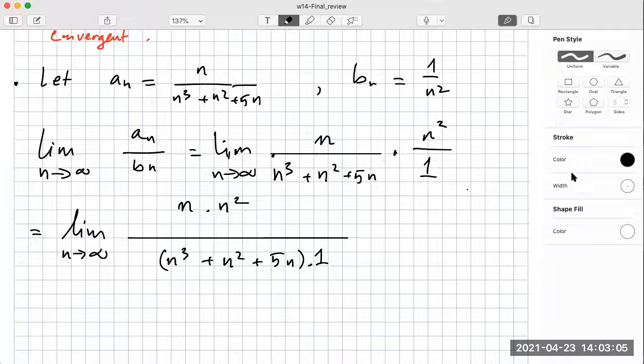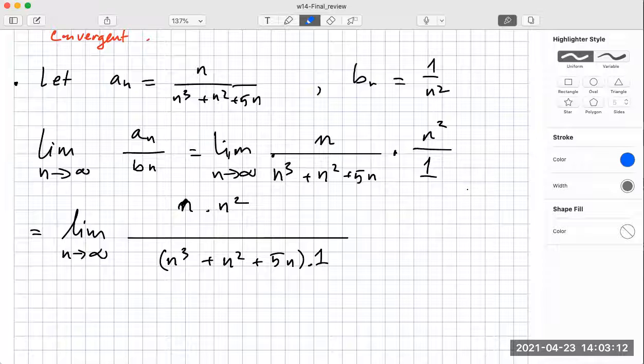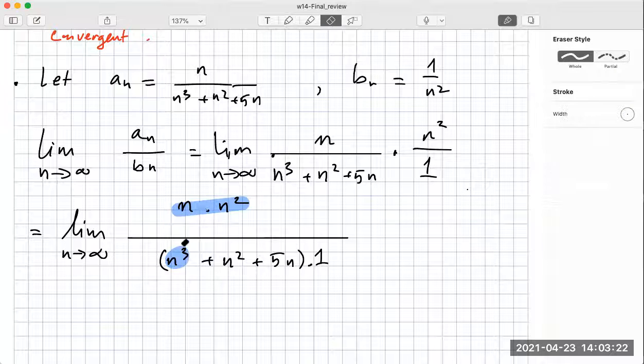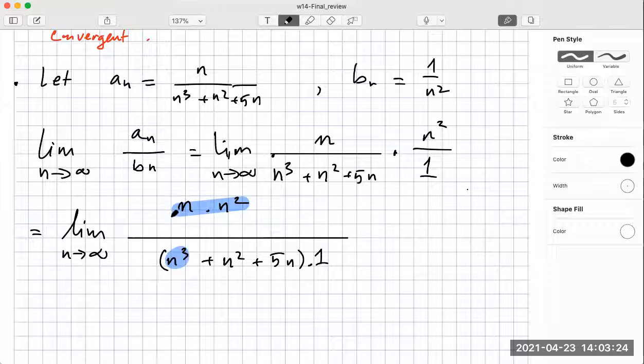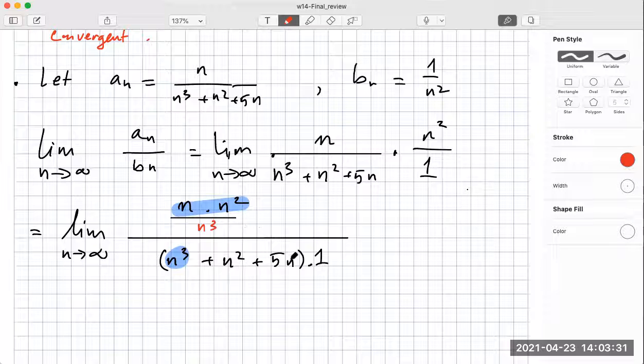So what should we do now? The product gives us n cubed, which is the same order as this. So if we divide by n cubed, and here also divide by n cubed.